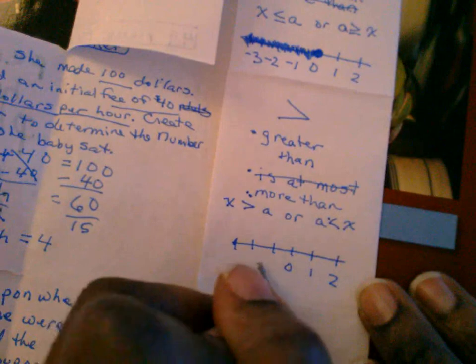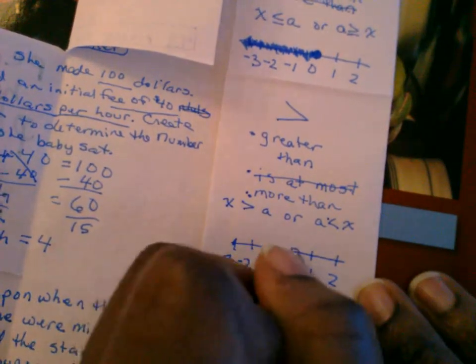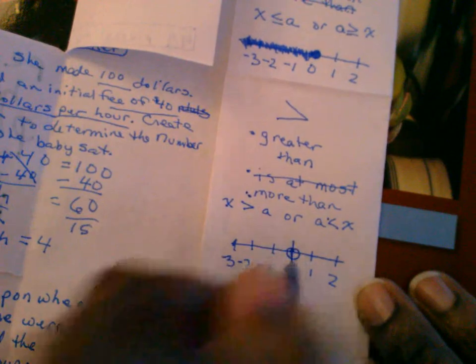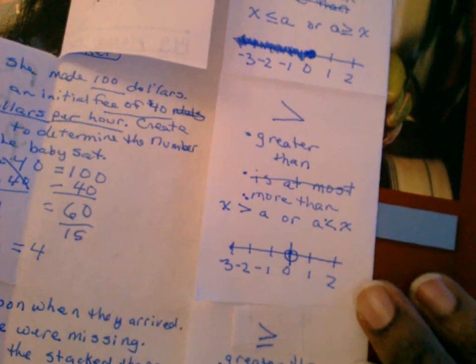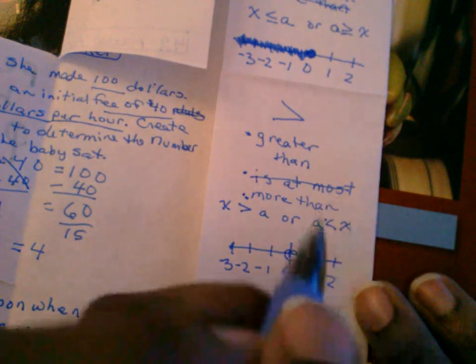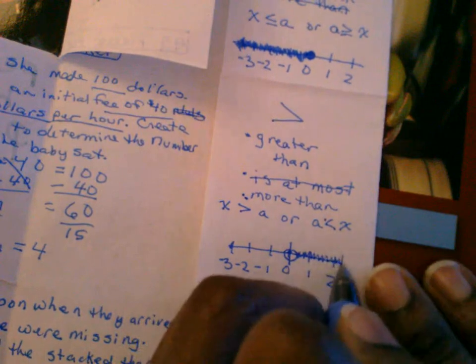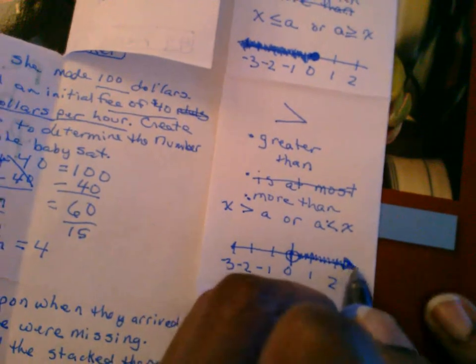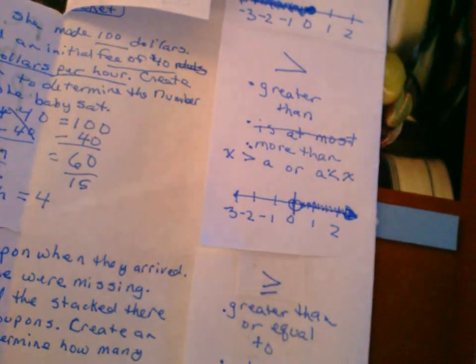Open, because the number is not included. So put an open circle on the value. Now, the value is not always the same number. Please understand that. The value is not always the same number. It's according to what the problem is.